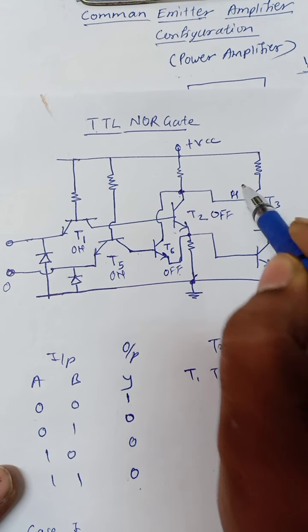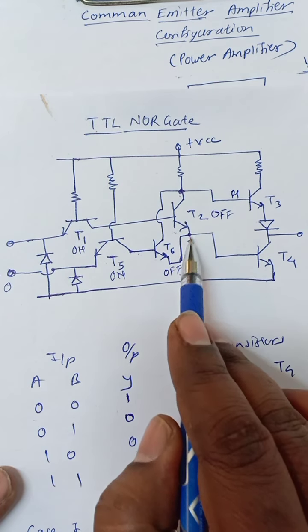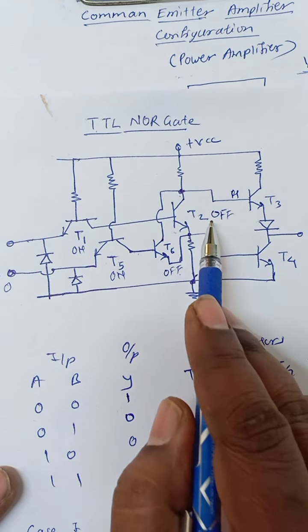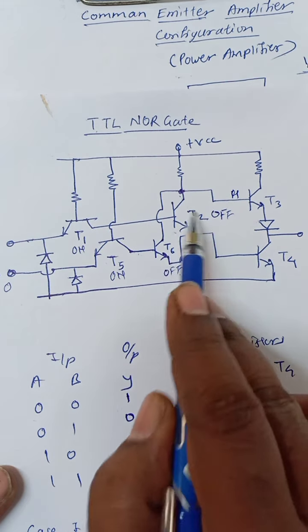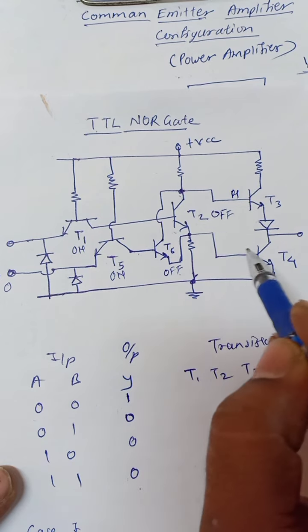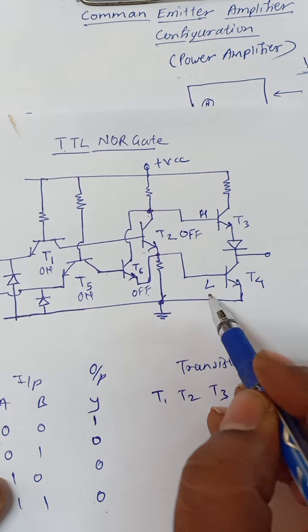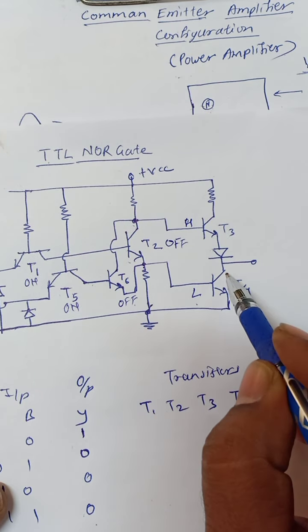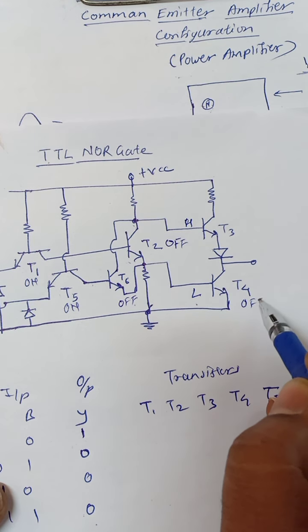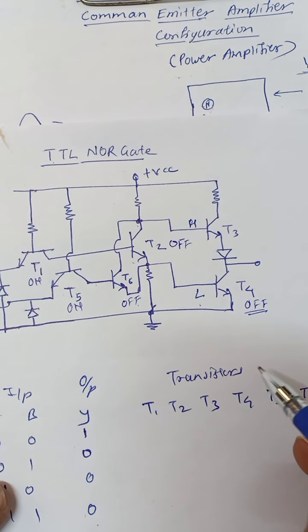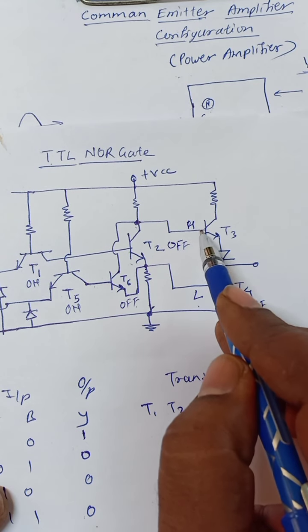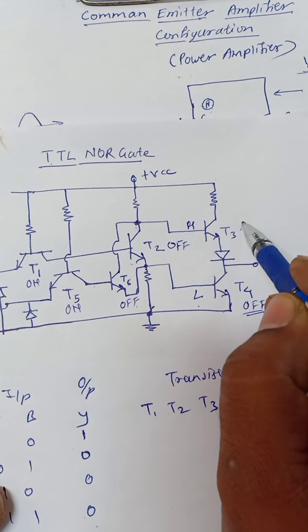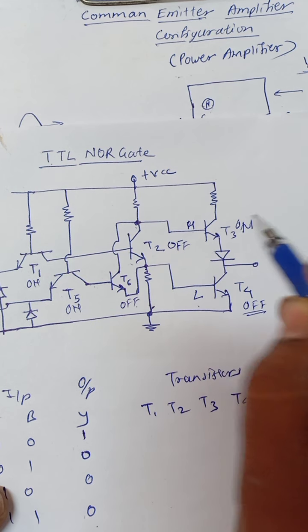Because both are off, there is no current to these transistors, so this voltage is low. Because of this low, this transistor is in the off state. And because high voltage is given to the base of this T3, it will turn on.